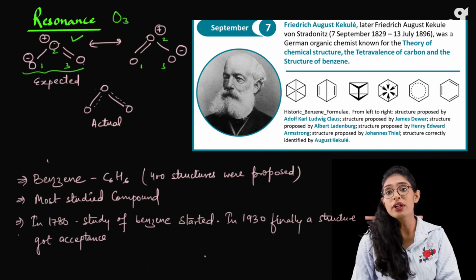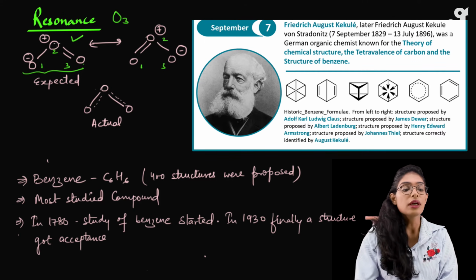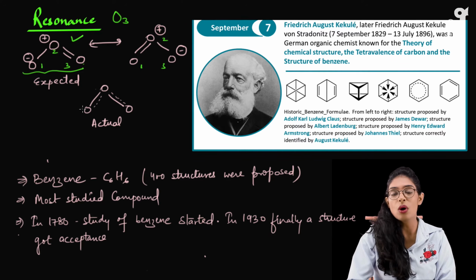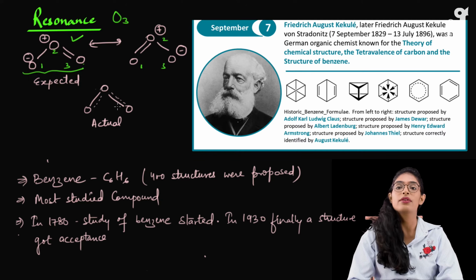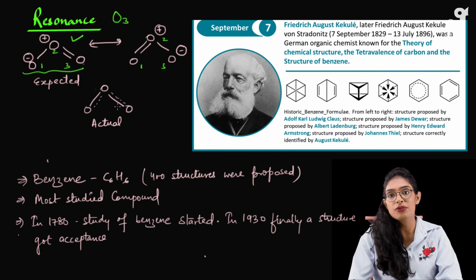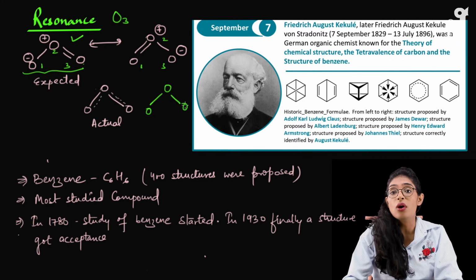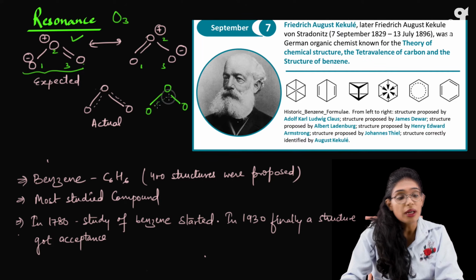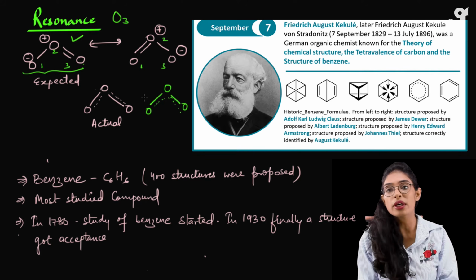And how did we get to know about this moving double bond? We got to know when we actually saw the bond length and the bond order, and we saw the reactions O3 performs. So it is actually like three oxygens bonded with pi bonds on both ends. So basically these three oxygens have partial double bond character.